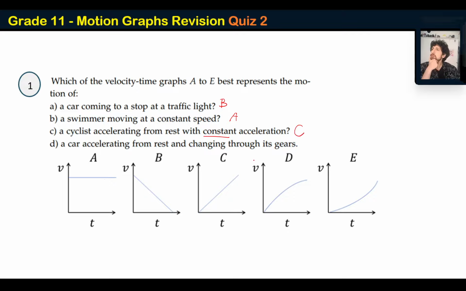Okay. Next, a car accelerating from rest and changing through its gears. Now that is a tricky one. And really this part here is just there to confuse you. So if we just ignore this part, let's say a car accelerating from rest. Well, that's a very interesting scenario because let's have a look. Cars, when they accelerate, they have a speedometer, right?